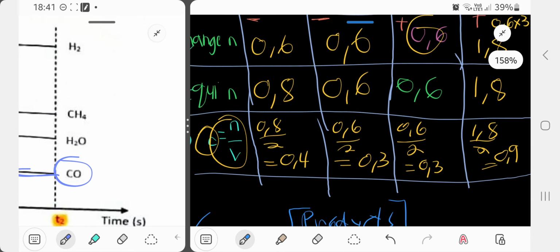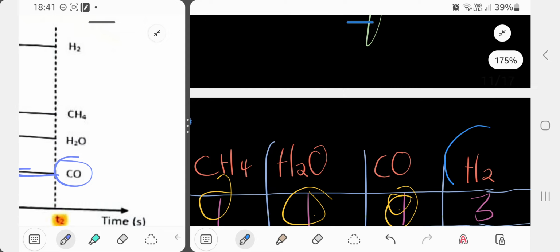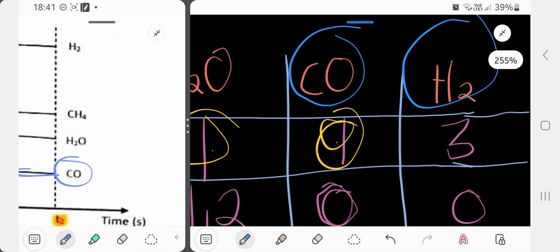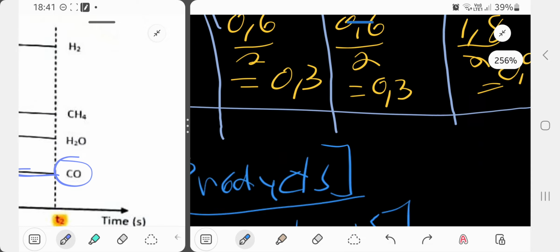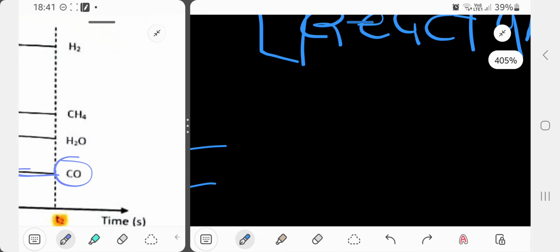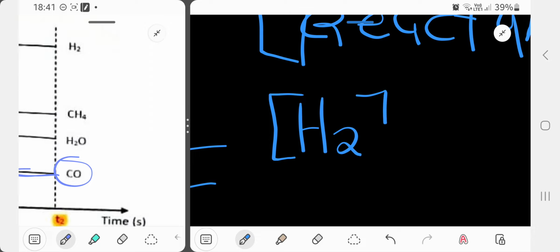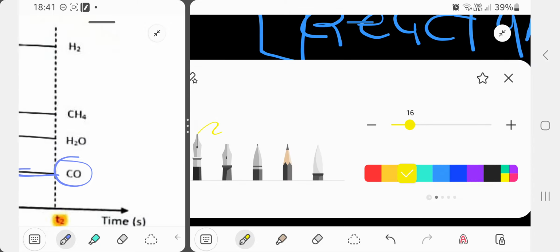So the products that we have are H2 and CO. And now remember that when we are doing Kc, your ratio becomes your exponent. You'll see that now. So now we have the concentration of H2, but because its ratio is 3, this is obviously going to be to the power of 3.